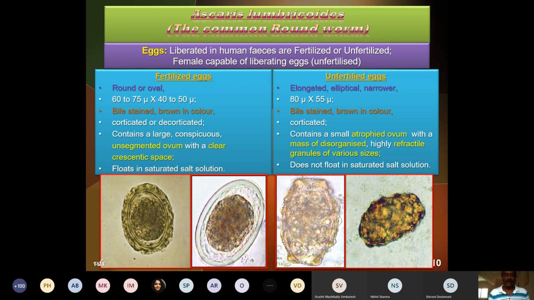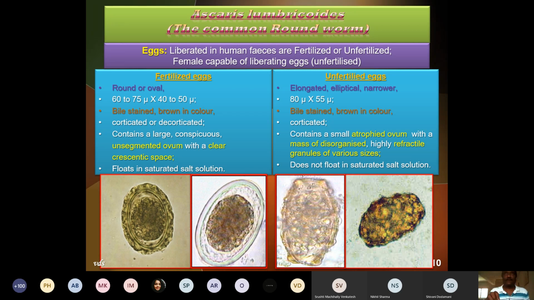On the other hand, this crescentic space is absent in the unfertilized egg because it contains a small atrophied ovum with a mass of disorganized, highly refractile granules of varying sizes distributed throughout the inner space.